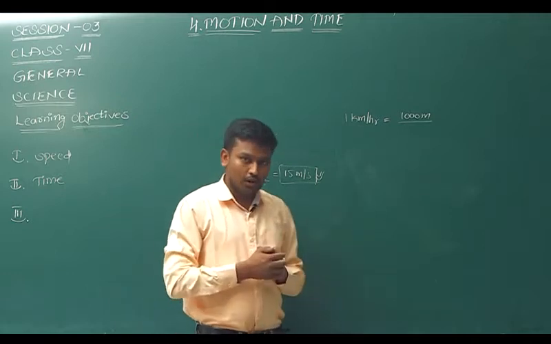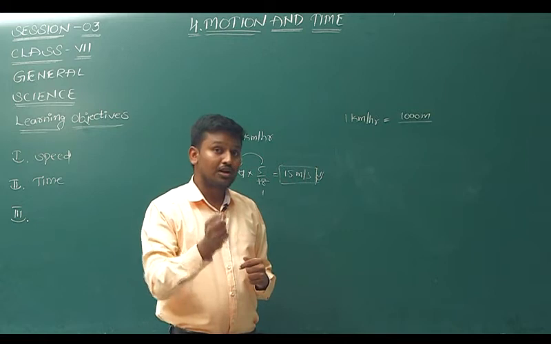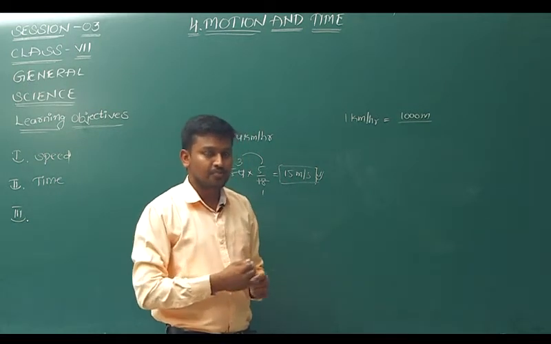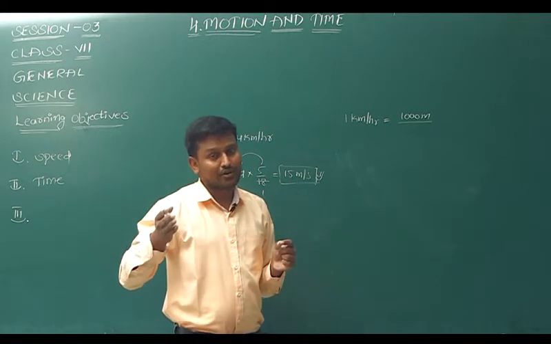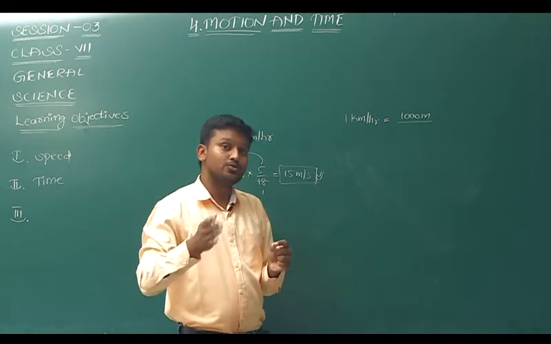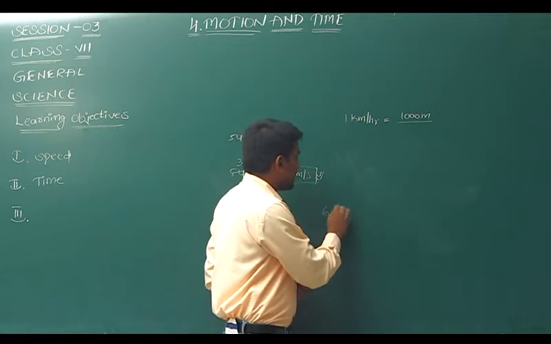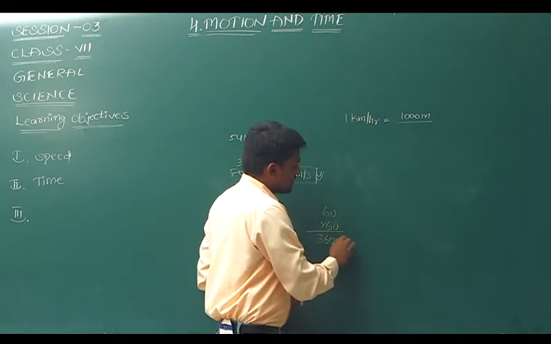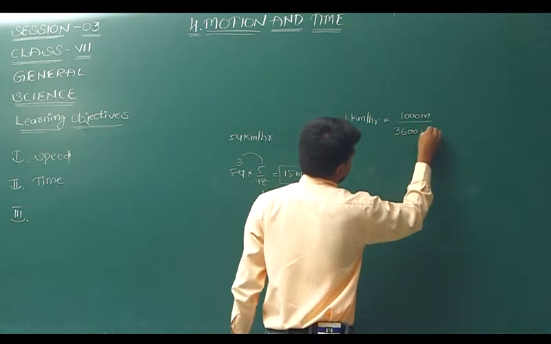We have to convert hour into seconds. 1 hour is equal to how many seconds? 1 hour is equal to 60 minutes, and 60 minutes when we convert into seconds is 60 into 60. 6 sixes are 36. It becomes 3600 seconds. So then we will get here 3600 seconds.